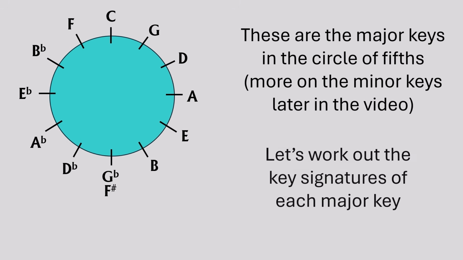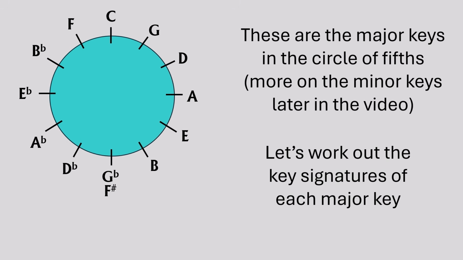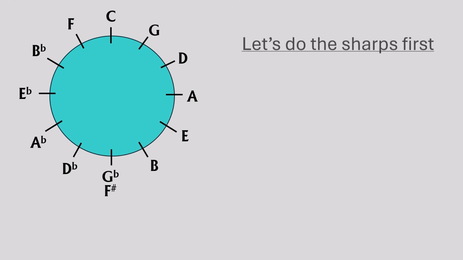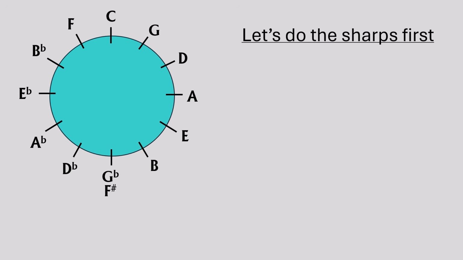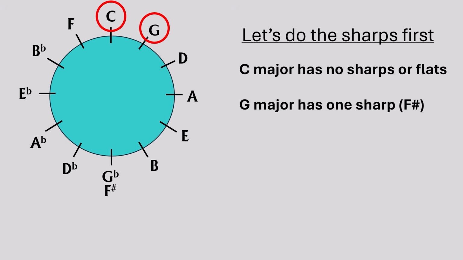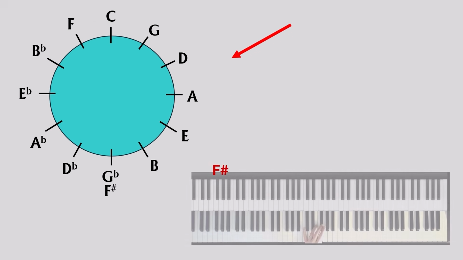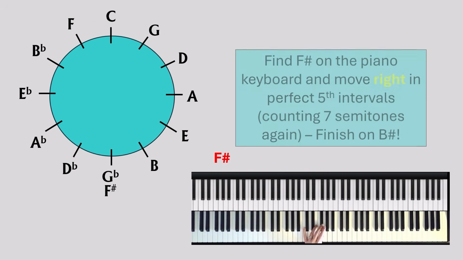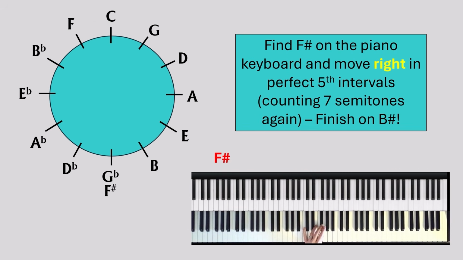Let's work out the key signatures of each major key. Let's do the sharps first. C major has no sharps or flats. G major has one sharp, which is F sharp, so let's start there. Find F sharp on the piano and move right in perfect fifth intervals, counting 7 semitones, finishing on B sharp.